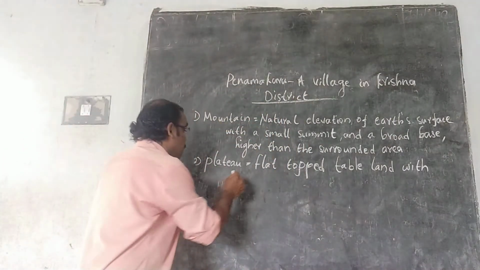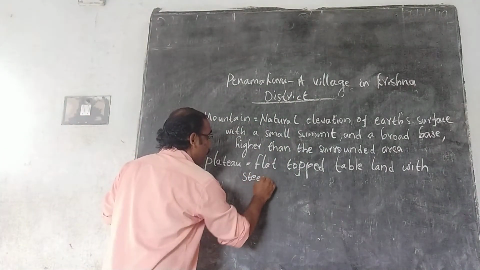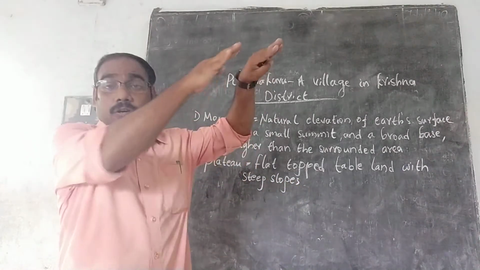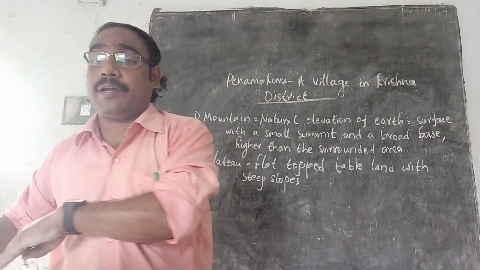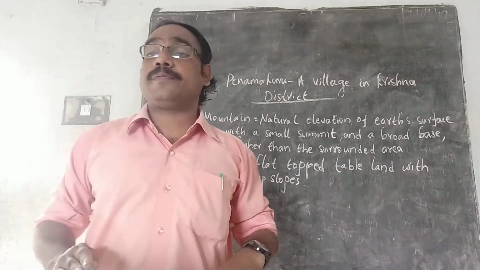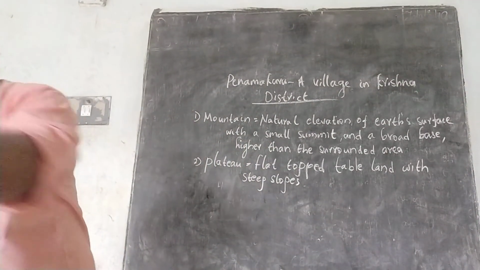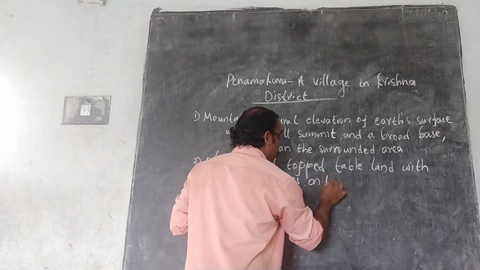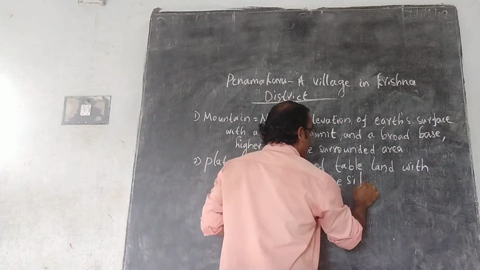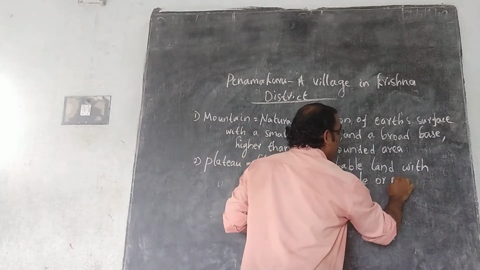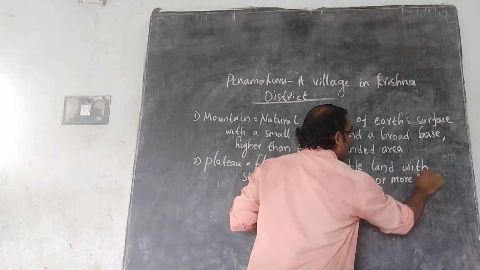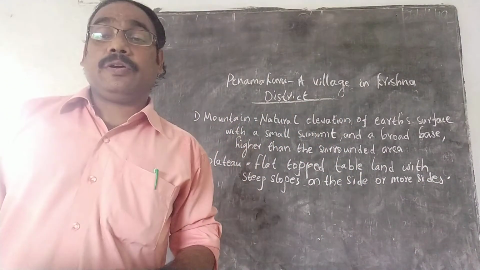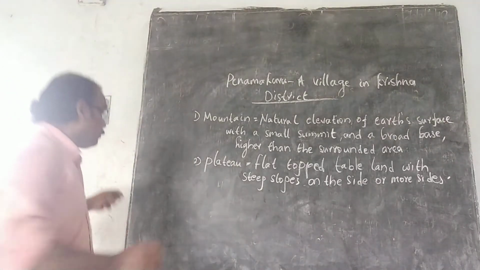Steep slopes means suddenly dipping down. Understood now? When it is flat, suddenly it goes in a downward way. Steep slopes on one side or more sides.